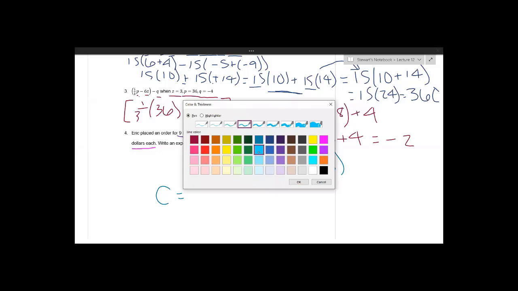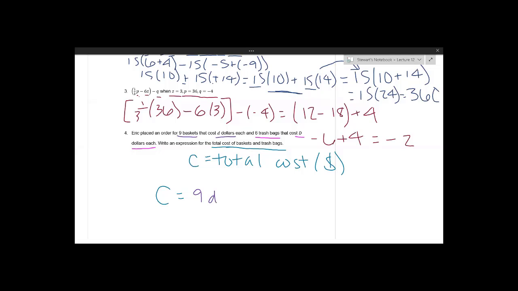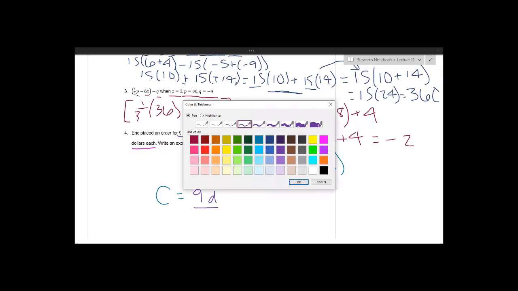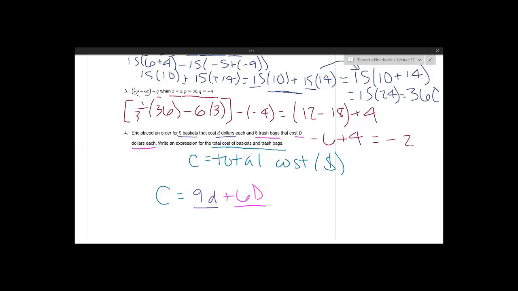So to calculate the cost of that, we know that we have 9 baskets times D per basket, because that's what it said. Each costs $D, and we're buying 9 of them. And then we're adding to that 6 trash bags times D, the cost per trash bag.